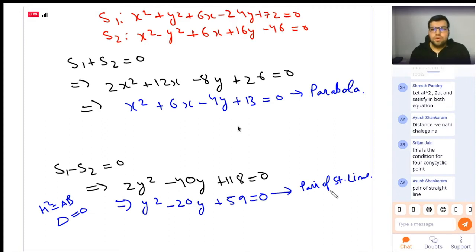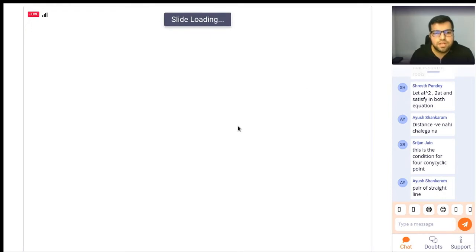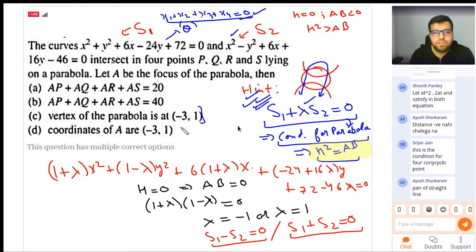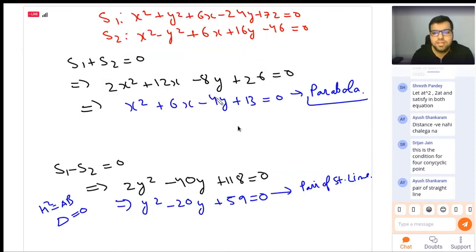Okay, so the option is talking about the parabola and it is asking what is the vertex or what is the coordinates of A, where A is the focus. So I have to find out the vertex and focus of this parabola. Should be an easy task. Okay, so just simplify this. This becomes 4y equals x square plus 6x plus 13.